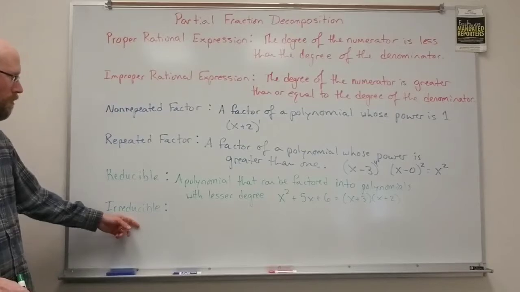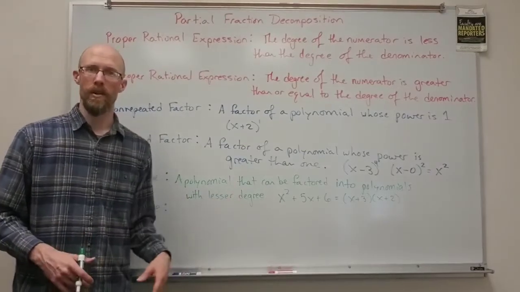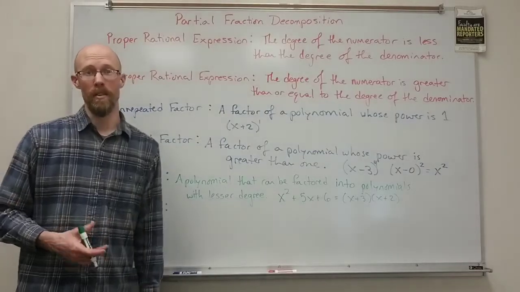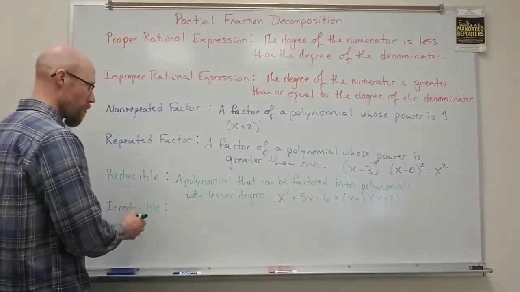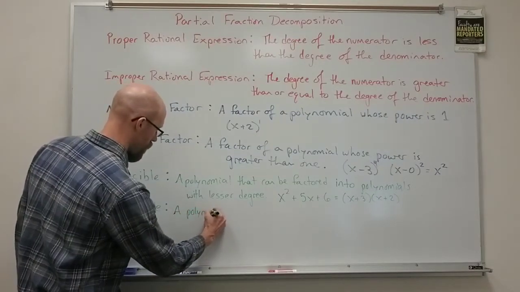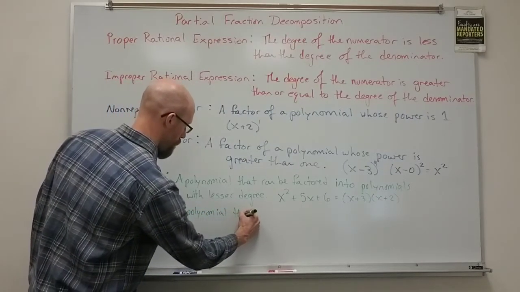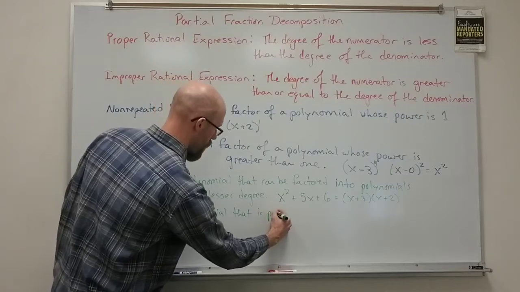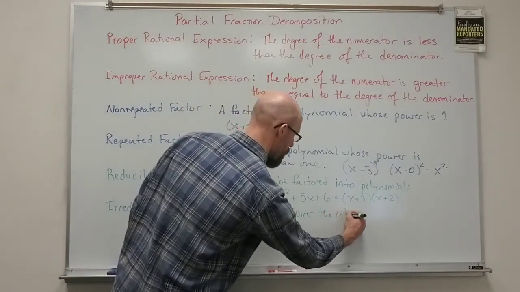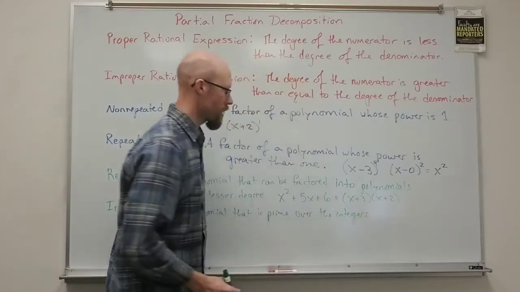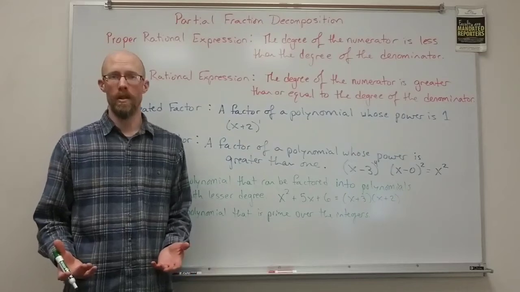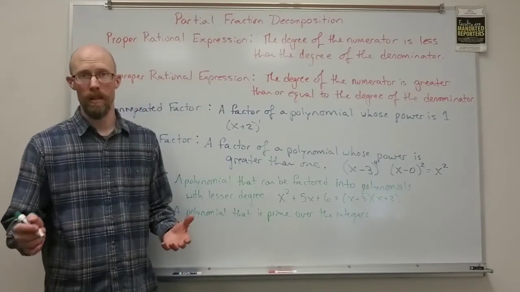An irreducible polynomial, on the contrary, is one that cannot be factored. It's prime, essentially, prime over the integers. In other words, I can't factor it using integers. It may be the case that you could factor it using irrational numbers, something like the square root of 2.